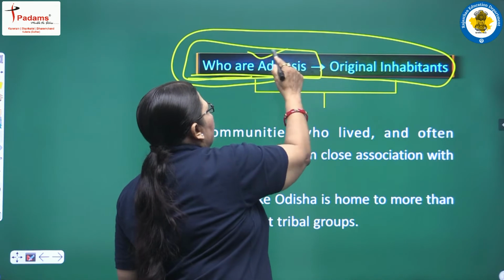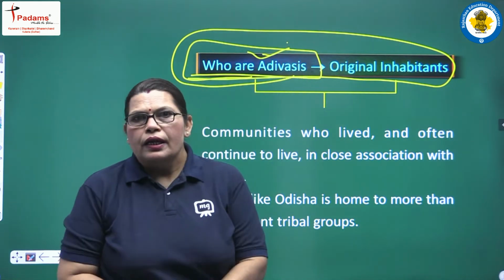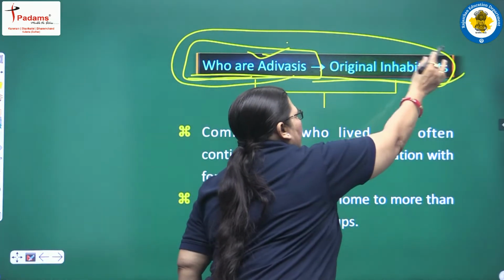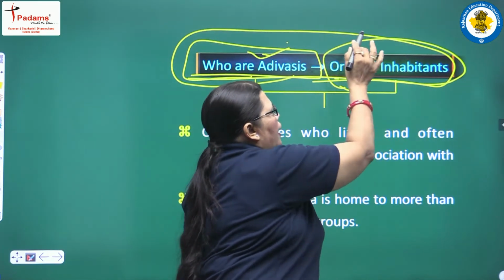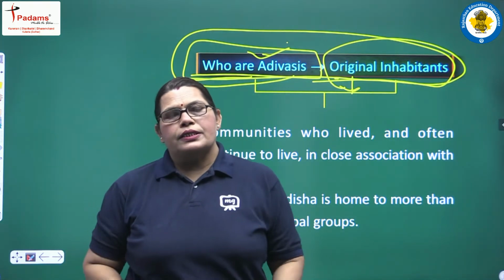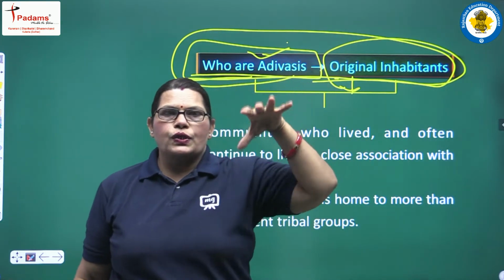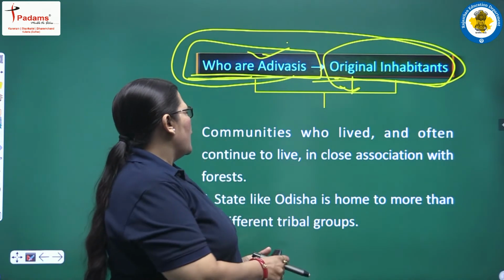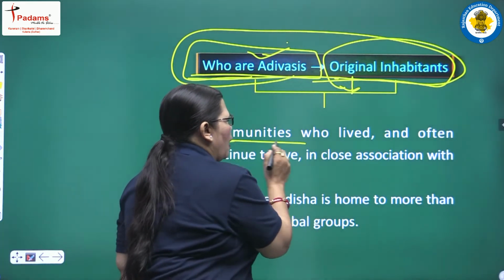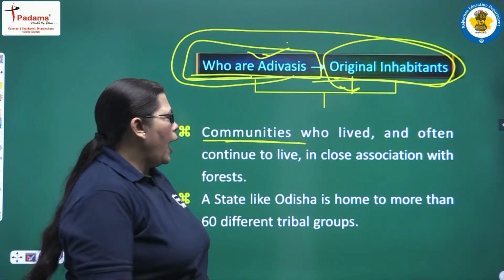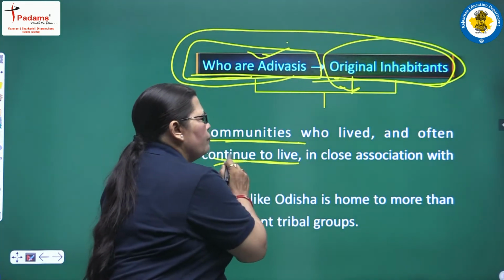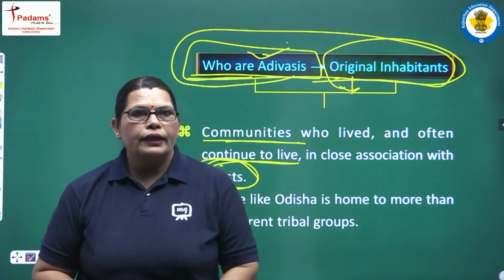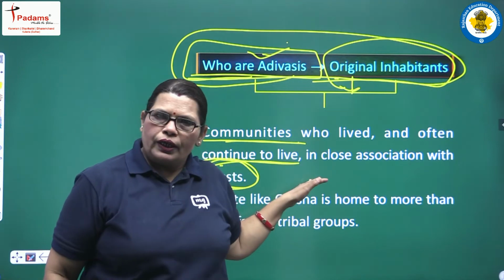When we are discussing again and again about Adivasis, then who are Adivasis? In the answer we will say that the original inhabitants of that particular region are called the Adivasis, or we will say communities who lived and often continue to live in close association with forest. The important thing is close association with forest.